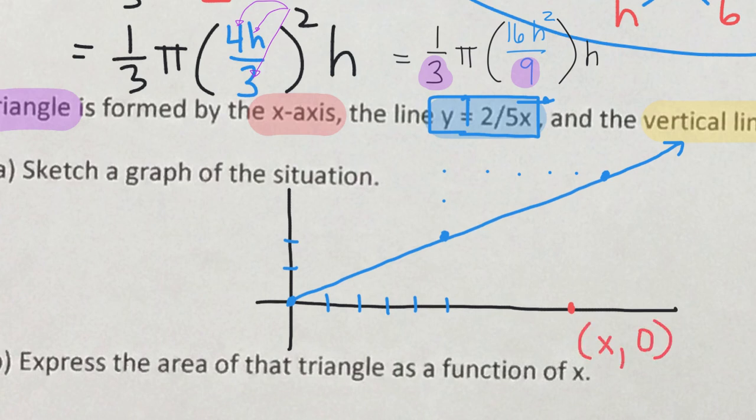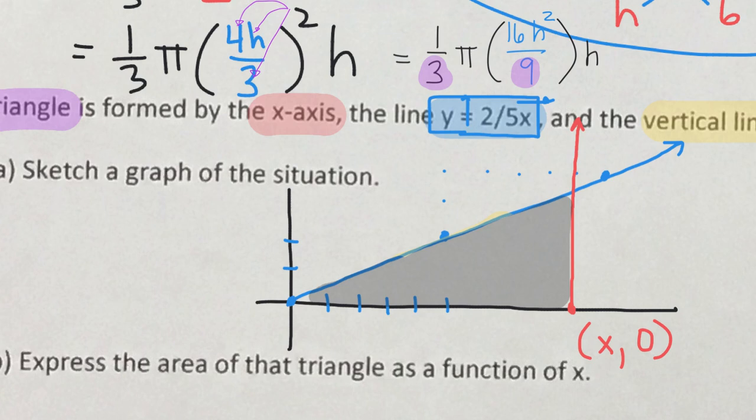This is some random point, which is why I don't have any tick marks on my axis, because I don't want to think it's something specific. Okay, that's the vertical line. So yes, here's your triangle that is formed by these 3 lines. The x-axis, the vertical line, and the blue line, 2/5 of x.